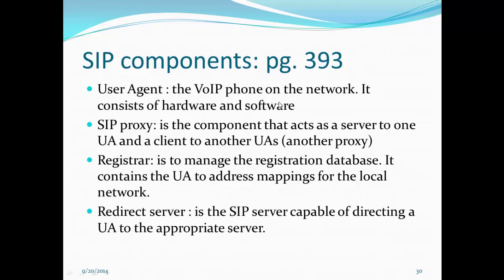Software like Cisco IP Communicator or X-Lite is a softphone. Okay, SIP proxy. What is a SIP proxy? It is the component that acts as a server to one user agent and a client to another user agent or another proxy. Cisco Call Manager Express and Asterisk IPPBX are programs that serve as a proxy. So before a user agent can make a call, it needs to go through a SIP proxy.